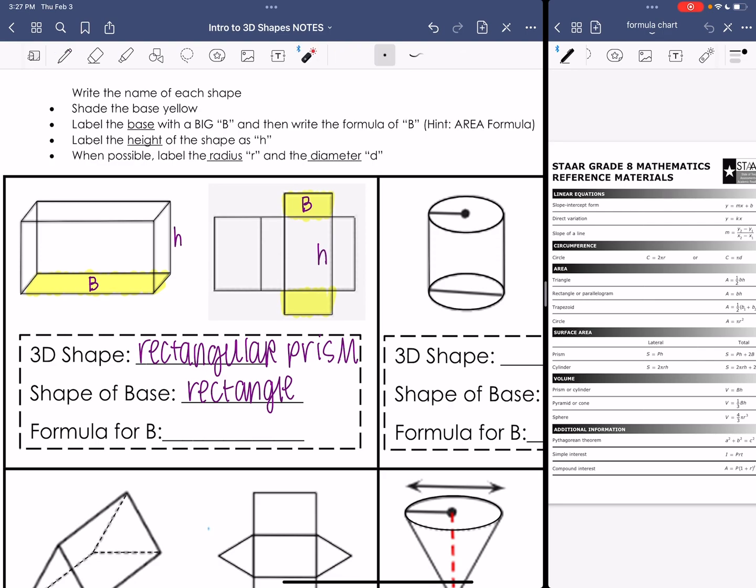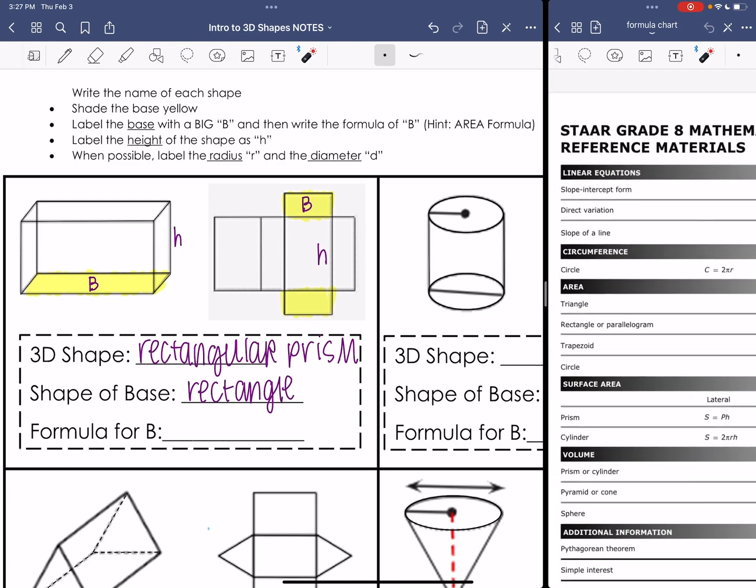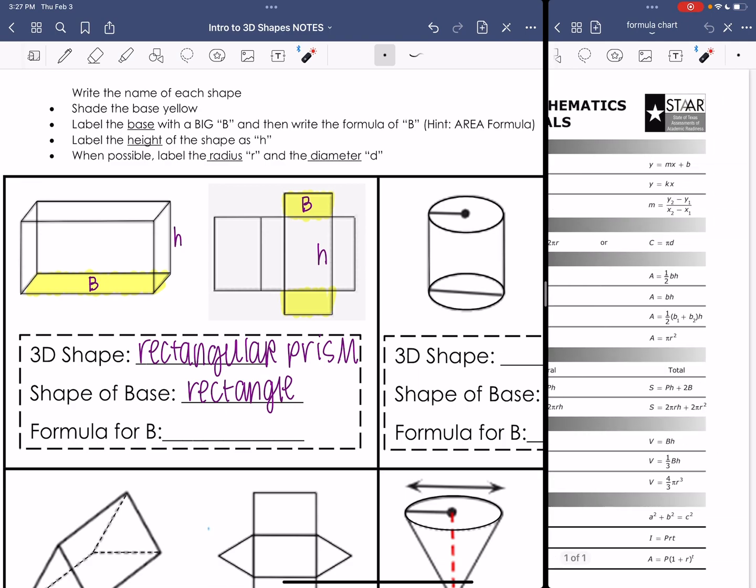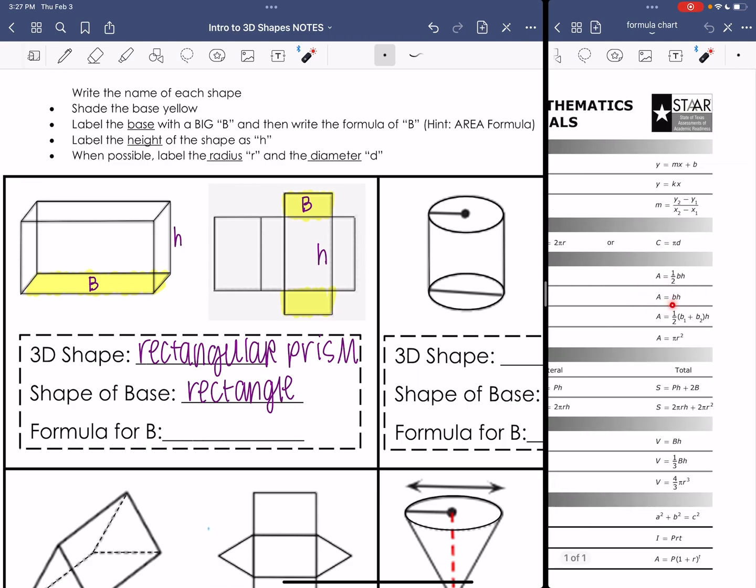Now, we still want to know the formula for B. So what is the formula for the area of a rectangle? If you look at your formula chart on this side, I'm going to zoom in, and for area here, we have rectangle, and we go to the side and we see area equals little b times little h. Now, you can use that formula if you like, or what you've been doing for a long time is, you know, the formula for area of a rectangle is length times width.